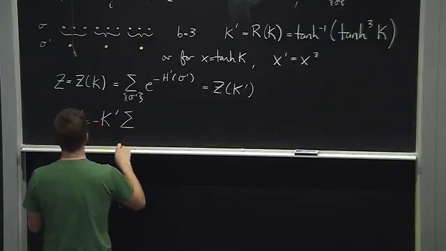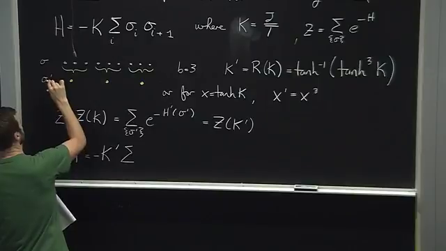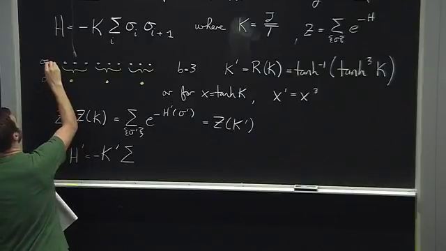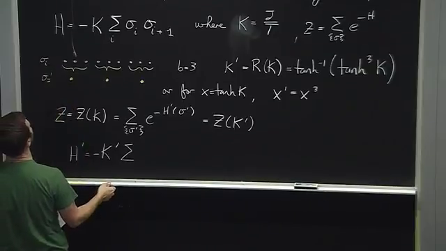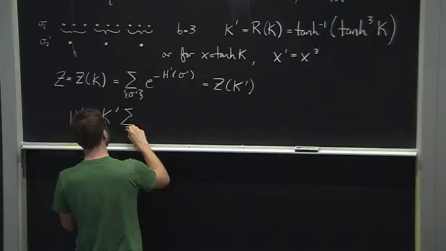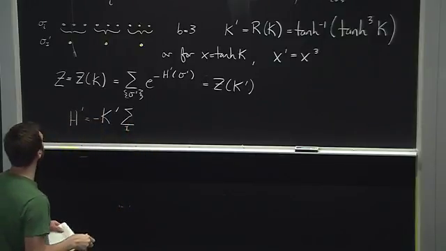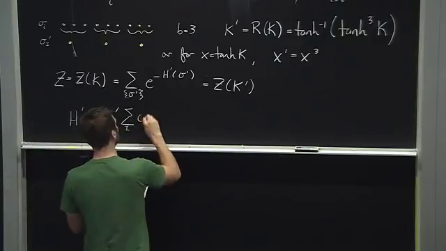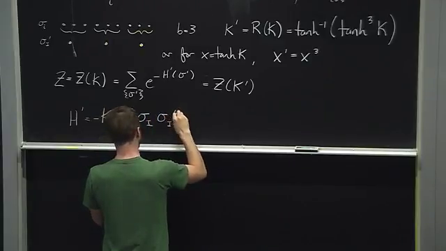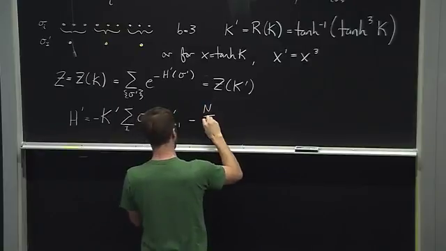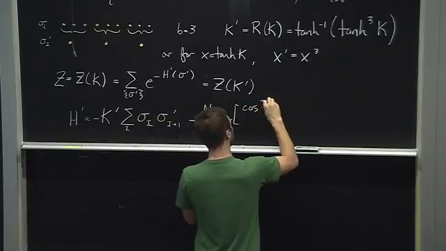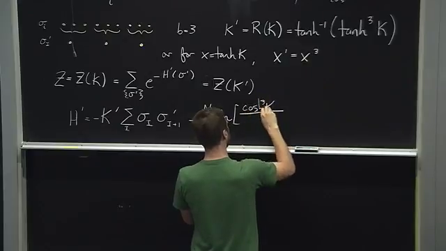So we call these sigma big I's here, just to keep them straight. So I have lowercase, the original UV, if you will, length scale, and uppercase for the next RG step, and over 3 kappa.